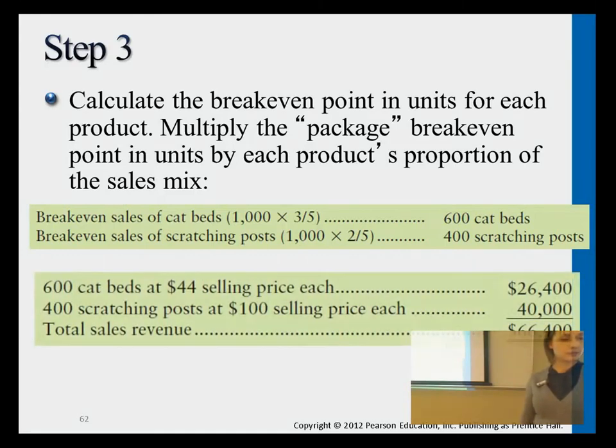So the next one, we need to calculate total sales revenue for each product in the bundle. I'm going to take the number of items from here, so 600, right? And I know that the selling price is $44.